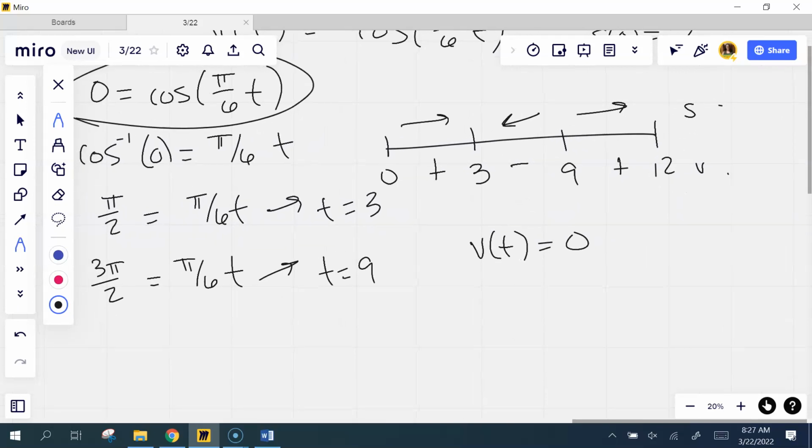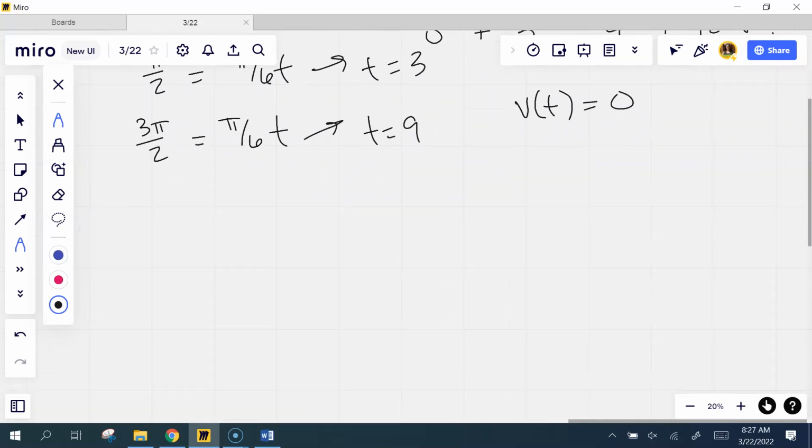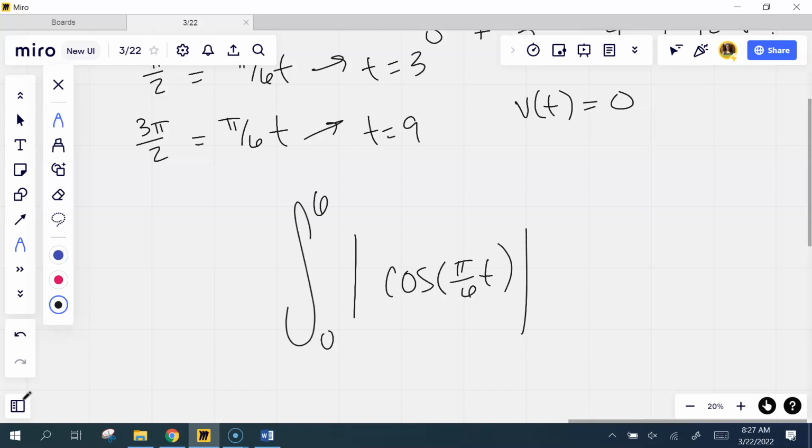All right, look at part B. Part B was a gimme, 1 point. Total distance traveled is absolute value. All you had to do was from 0 to 6, cosine pi over 6. They don't do half points.